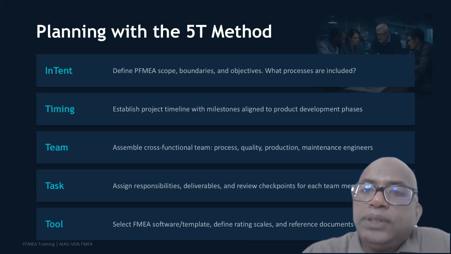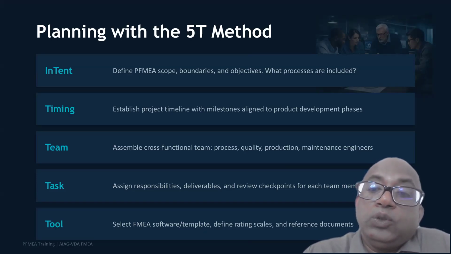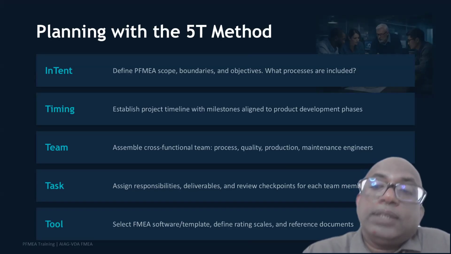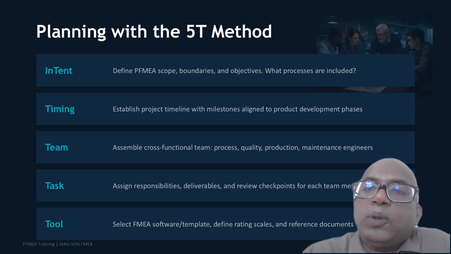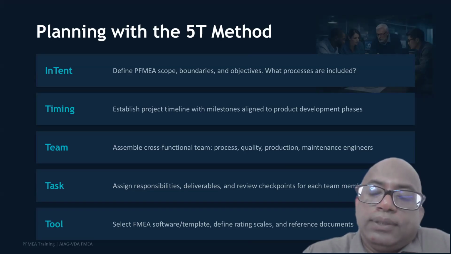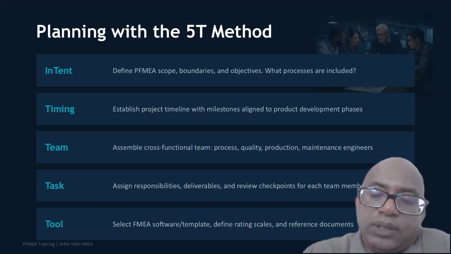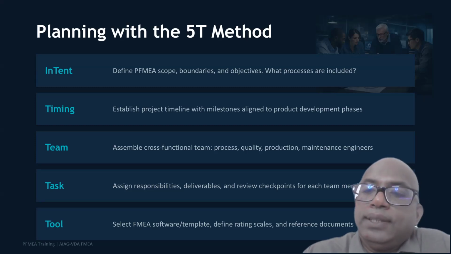And an objective: why are you going to make the FMEA? You should have proper objectives to make the FMEA. Then what processes are included? Excluded processes, what? Included processes, what? You have to clearly define it.